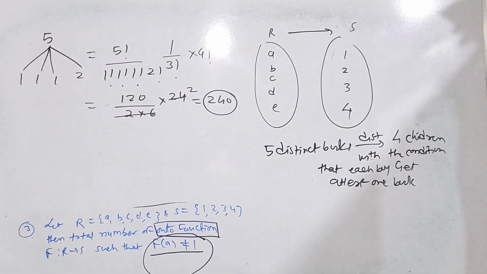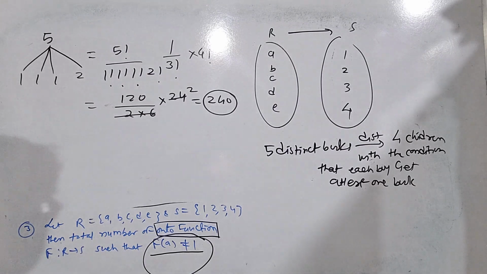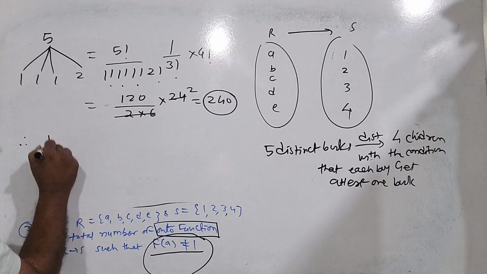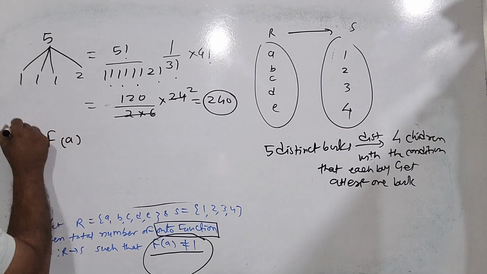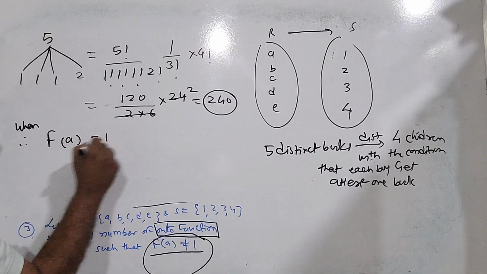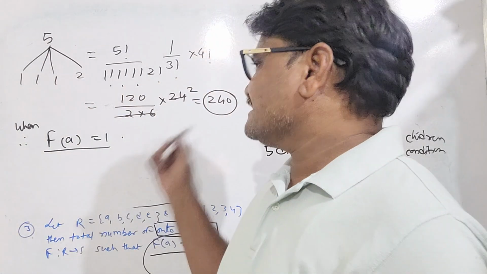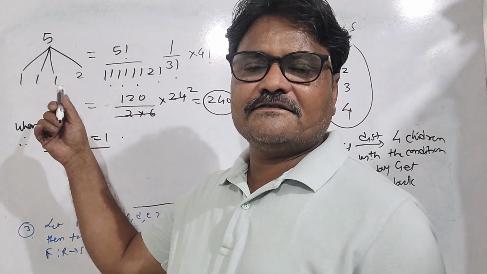So how can we do that? f(a) should not be equal to 1. So this is without restriction. So let us find out the number of onto functions when f(a) equals 1. This is important, because this is the total number of onto functions.